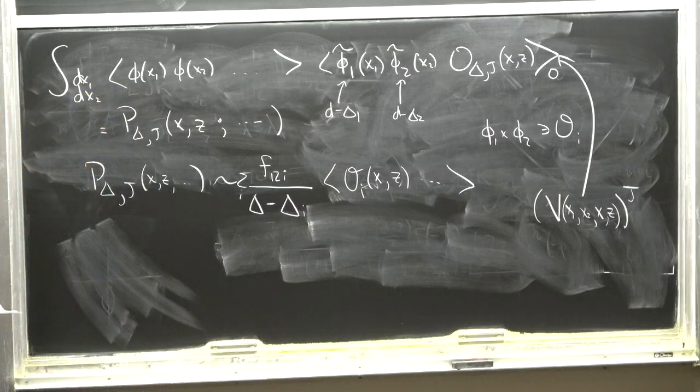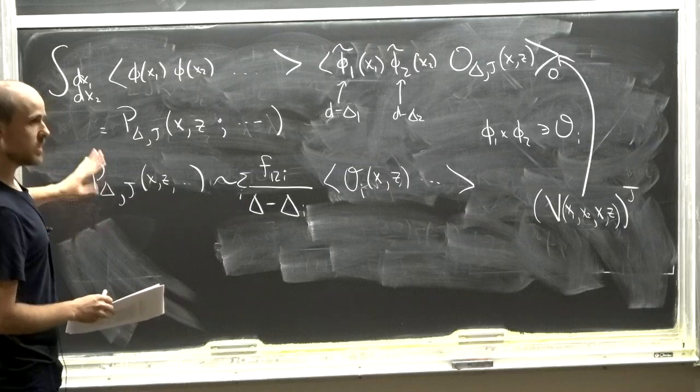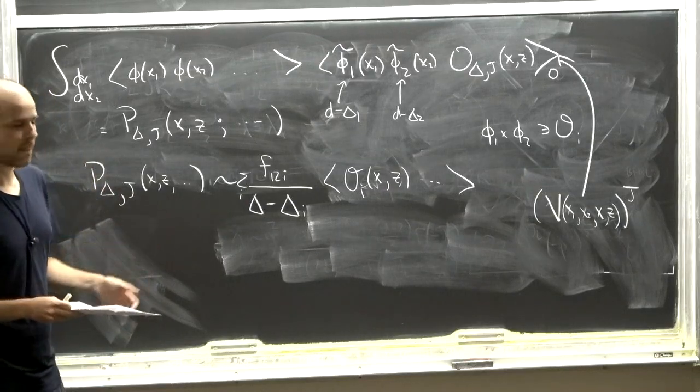So there's a trick, which is that you can Wick rotate this to Lorentzian signature and then just light transform it.